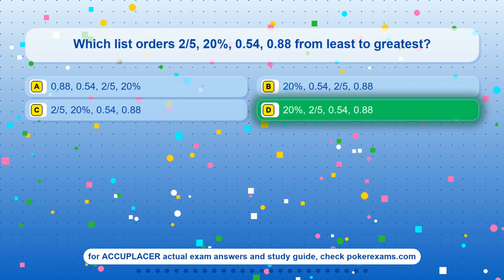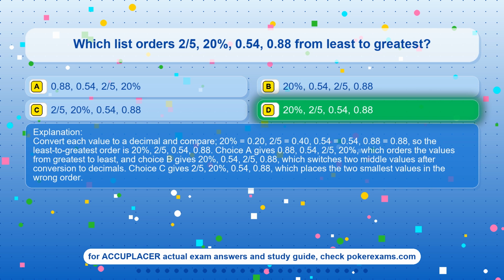The correct answer is Option D, 20%, 2/5, 0.54, 0.88. Convert each value to a decimal and compare. 20% equals 0.20, 2/5 equals 0.40, 0.54 equals 0.54, 0.88 equals 0.88, so the least-to-greatest order is 20%, 2/5, 0.54, 0.88.